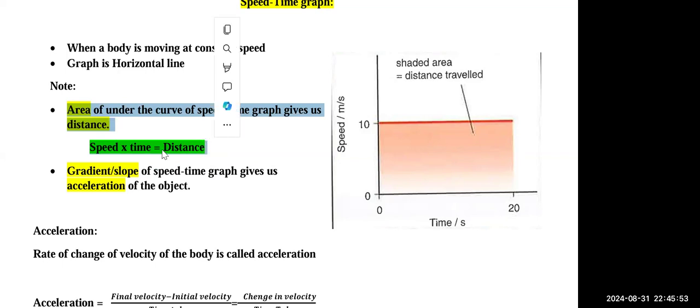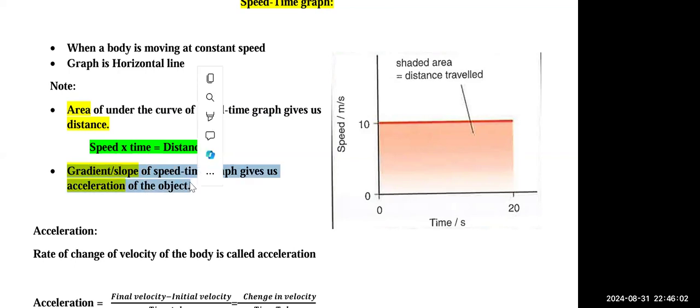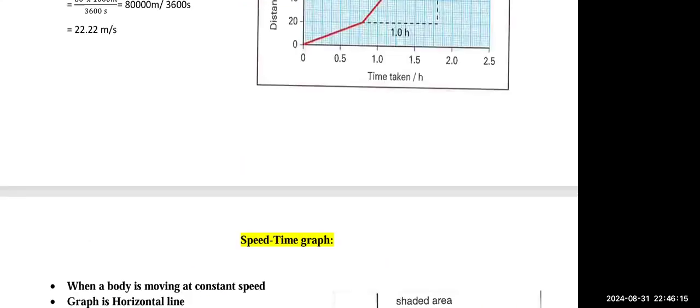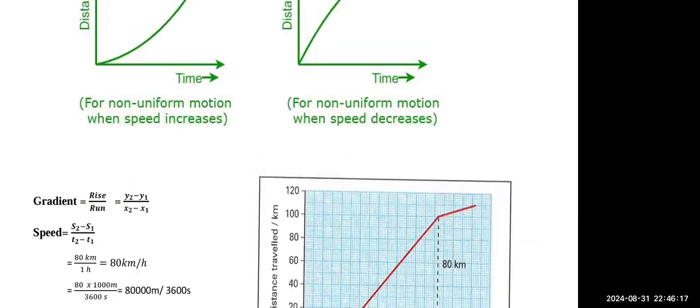Second thing: if you want to find the acceleration of the body, you have to take the gradient of the line on the speed time graph. As I told you, in the distance time graph, the gradient gives us speed.